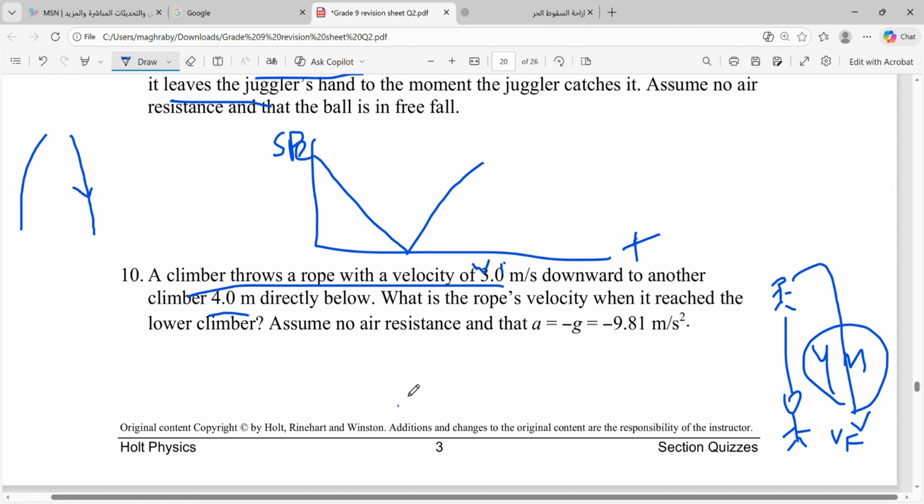So V final squared equals V initial squared plus 2 a Y. Instead of X, we say Y in free fall.